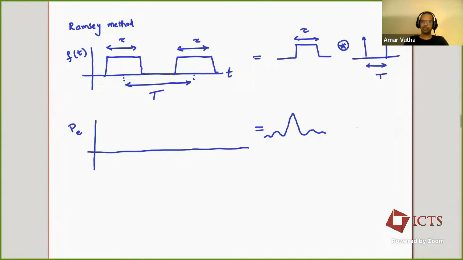But the Fourier transform of a pair of delta functions is again a very easy thing. If you stare hard at a pair of delta functions, you'll realize that this is nothing but the cosine. Right? The cosine contains a frequency and its opposite frequency, so centered around zero frequency, a pair of delta functions is just the same thing as a cosine. Which means that our excitation line shape is going to look like a sinc squared function multiplied by a cosine squared function.